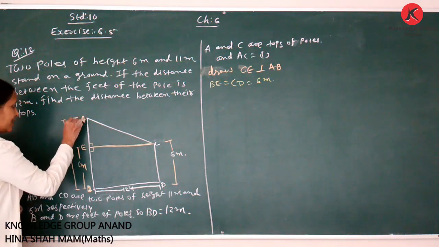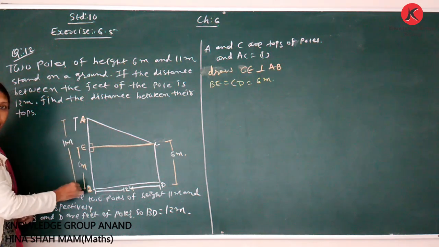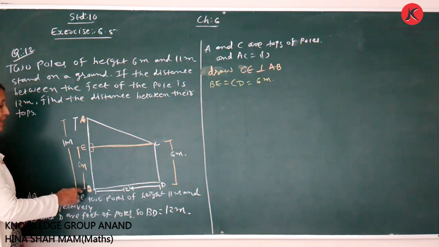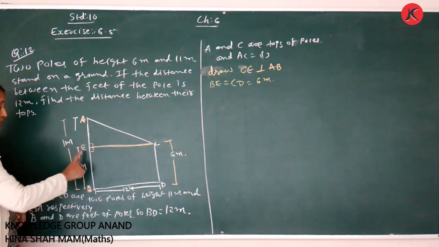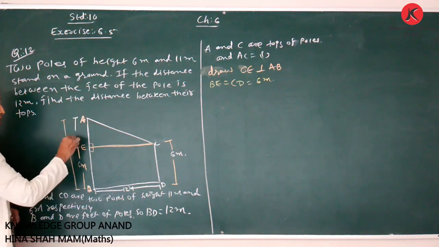Therefore, AE is equal to AB minus BE. AB is equal to 11 meter, BE is equal to 6 meter.